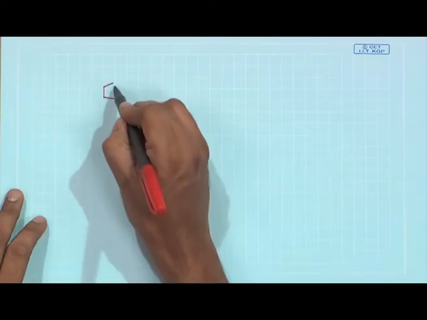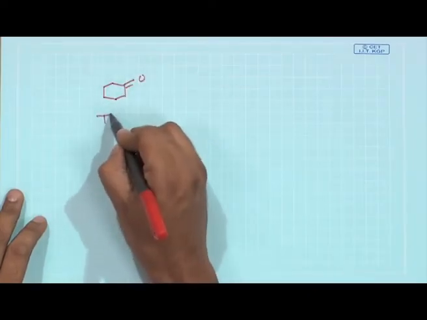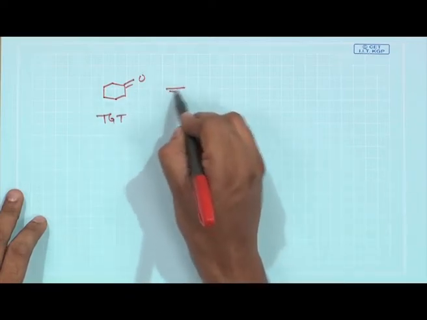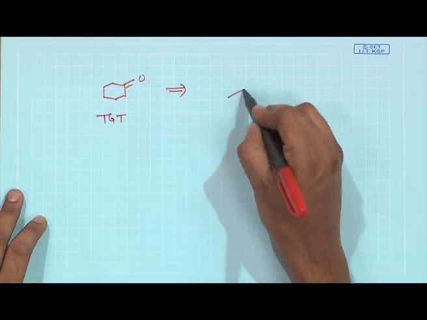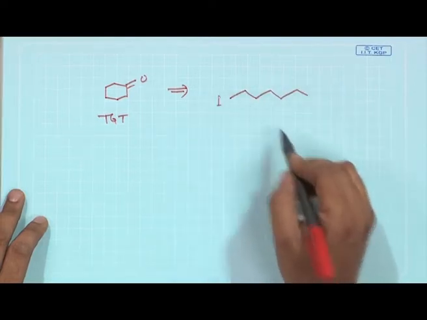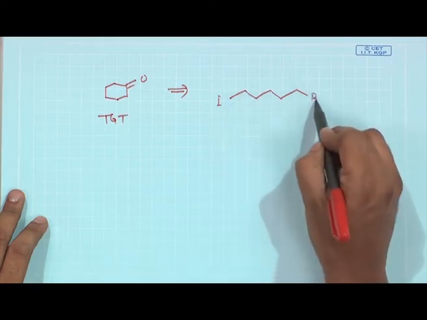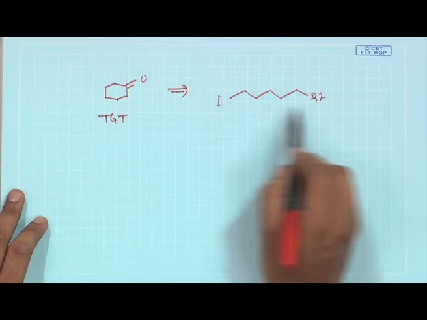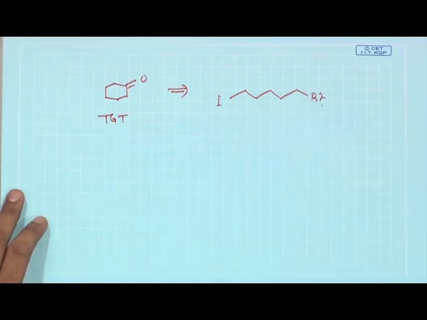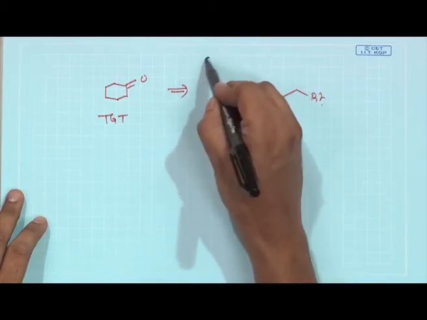For the next 2-3 minutes I will try to explain another example. A target molecule was given to you, a cyclohexanone, and the starting material was also given to you, 1, 2, 3, 4, 5 Br. This C5 dihalogenated species was given as the starting material. Now, we are basically discussing the concept of synthetic equivalence.